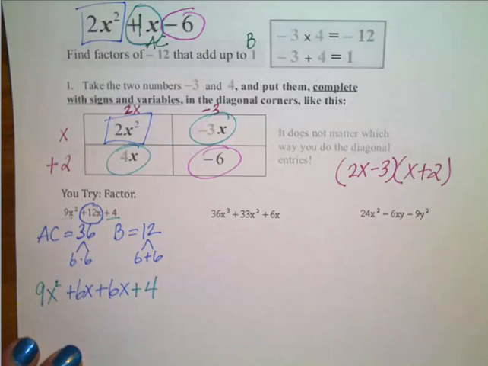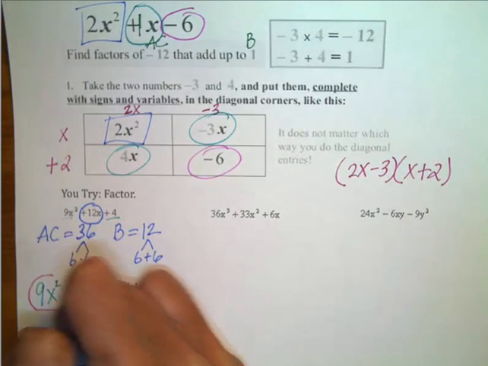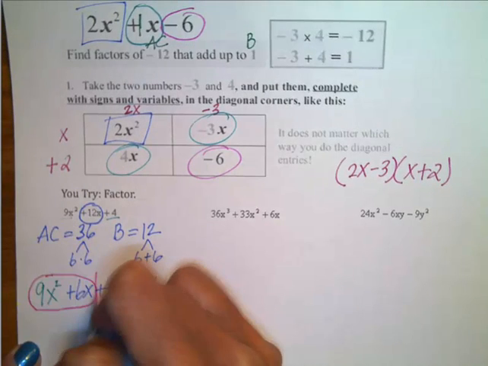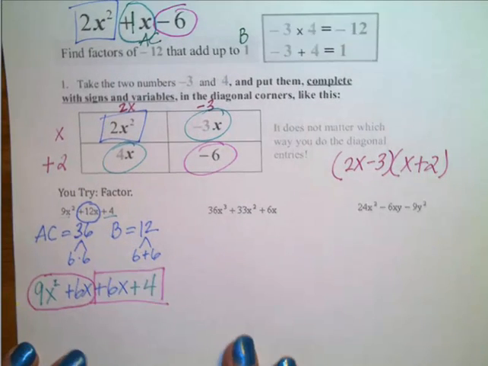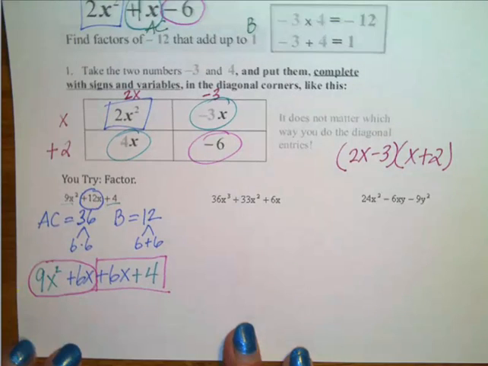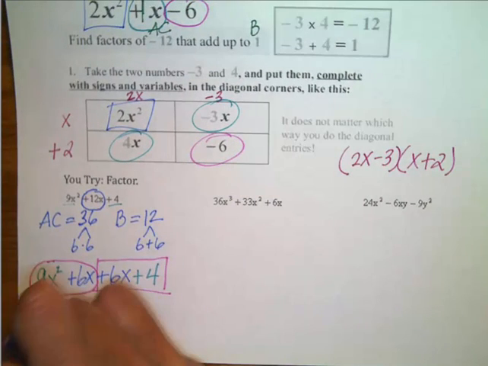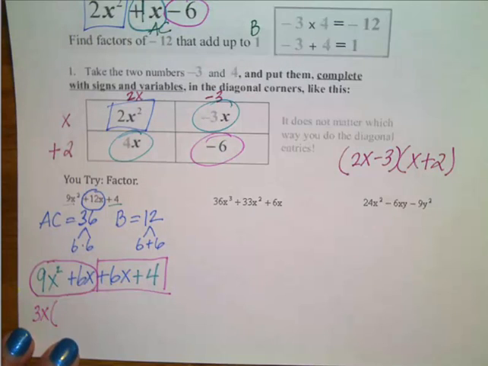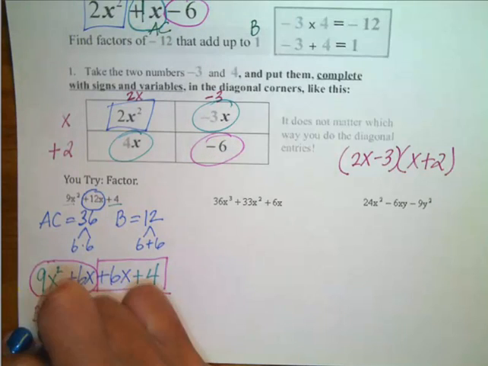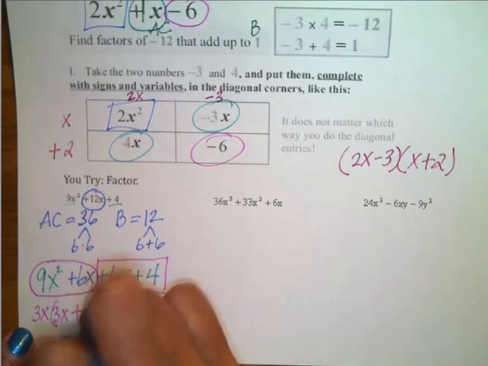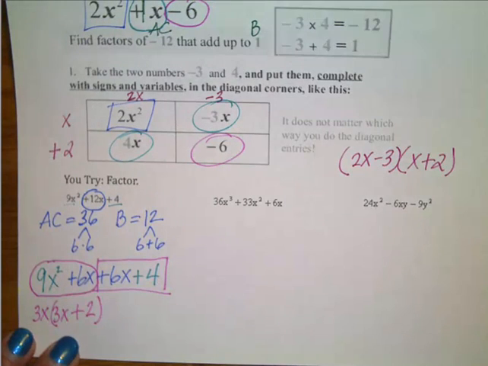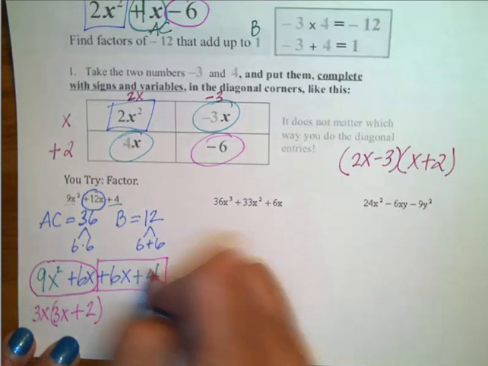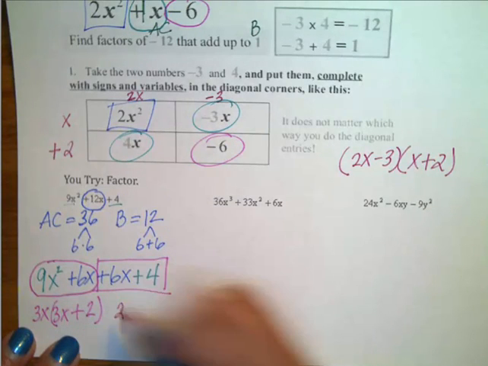Now I need to group them into two pairs. So I'm going to take the first pair, and then I'm going to take the second pair. The first pair, what's in common? 9 and 6. Hopefully you said 3. X squared and x is an x. I have to take it out, so divide it out. I get 3x plus 2. In the second set, what's in common? You should say a 2, and that's a positive 2.